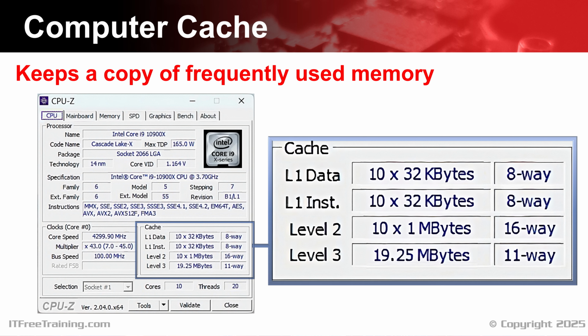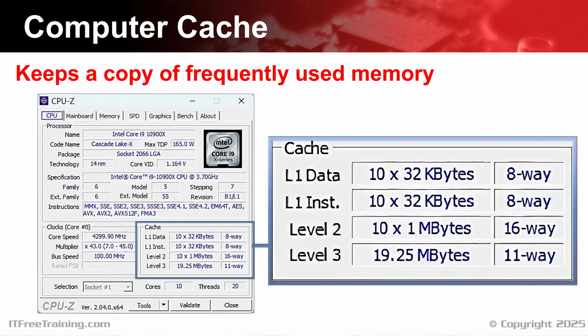L2 cache is larger and may be shared among cores, and is still much faster than main memory. L3 cache is the largest and slowest, shared by all cores, although still much faster than RAM. Cache hits, that is, data found in cache, improve performance, while cache misses, data not found, require slower main memory access. Cache size and algorithms are crucial for optimizing performance.